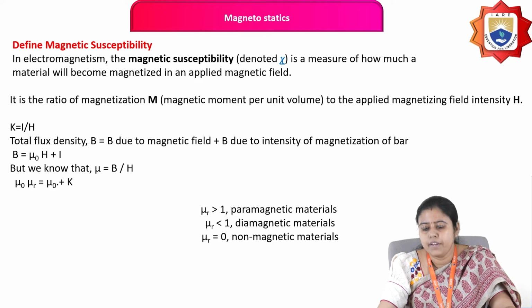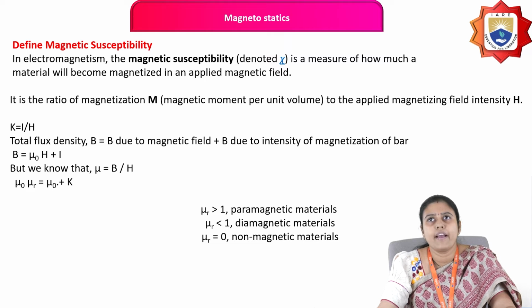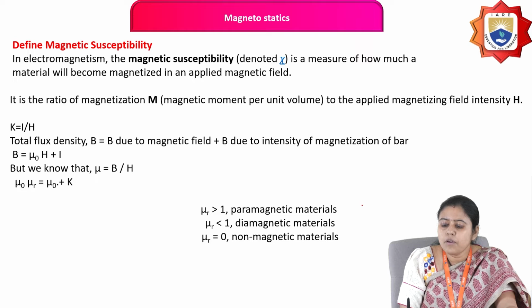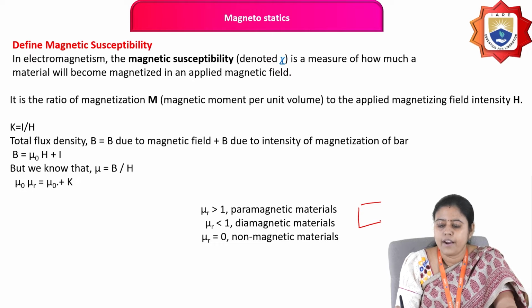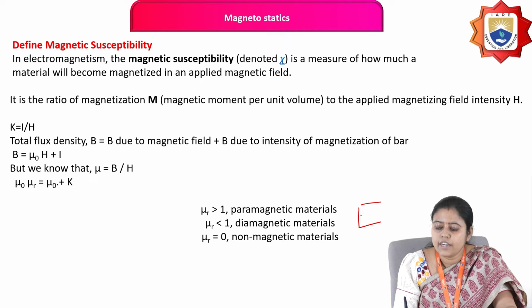Magnetic susceptibility is a measure of how much a material will become magnetized when we apply the field. See, we have one iron bar. In the normal condition, the atoms in the iron bar are random in nature.